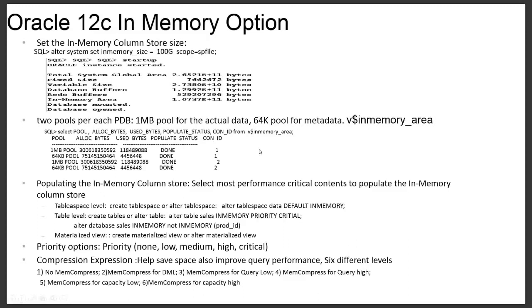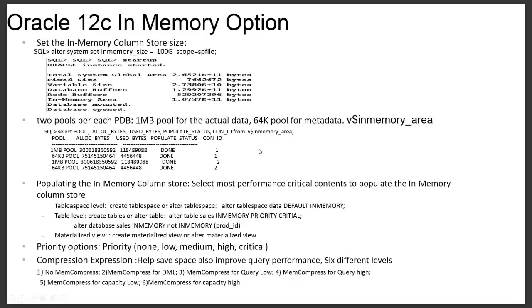Another very useful option is to set it on a materialized view. When you set a materialized view, it will be automatically loaded into the in-memory. So next time you query this materialized view, the query will not get data from disk. It's going to get data from the in-memory.